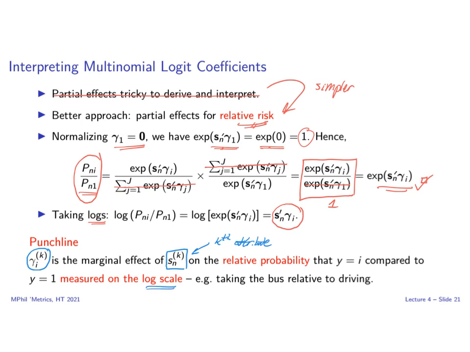In the fishing example, suppose that this kth attribute is income. Then, if we take fishing at the beach as the base category, gamma 2k is the effect, measured on the log scale, of a 1-unit increase in income on the probability that Alice will fish from a pier relative to the probability that she will fish from the beach.